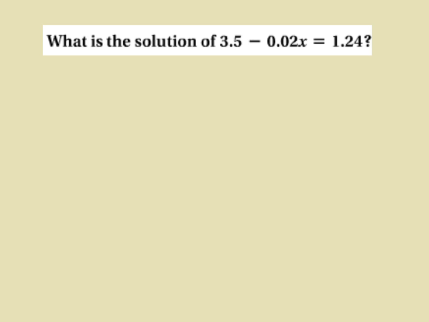Decimals too? Yep, sure Bob. It's the same process when you're solving with decimals. So the first thing I'm going to do is subtract 3.5 from both sides of my equation. And again, it's the same process. So I'm going to have a negative 0.02x is equal to 2.26.